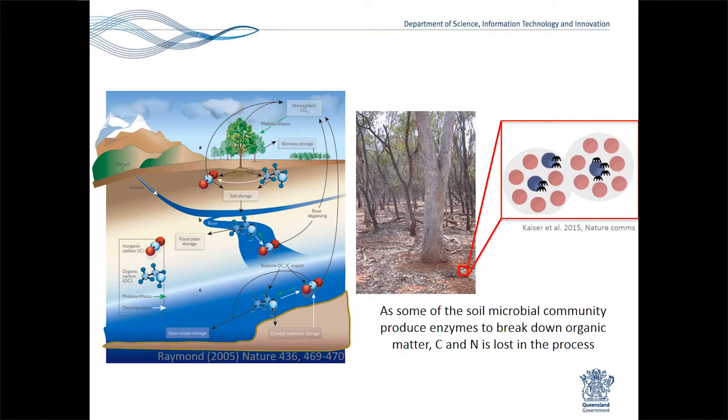But a lot of the thinking nowadays is it's a lot more complicated than that. It's actually about this little powerhouse down in the soil, these soil microbes. And the idea that this microbial activity, they produce all kinds of enzymes that break down this litter material, depends on how much moisture is in the soil, the temperature that's being operated under. So there's a whole lot of conditions that occur. And the easiest way to sort of think about that is lots of little cogs in the wheel in the soil.